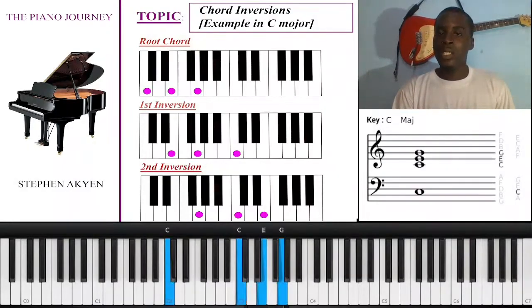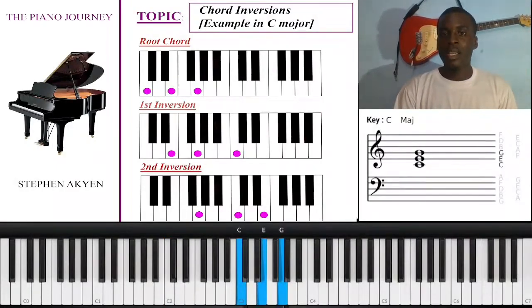Now, what does the inversion mean, or how do we get the inversion? If I'm on the chord of C major and I want to get the first inversion of C major, what I do is I flip this C up.